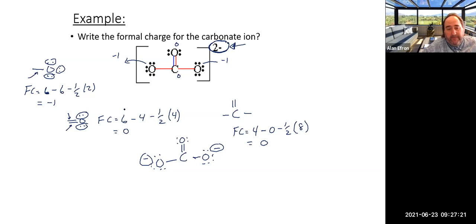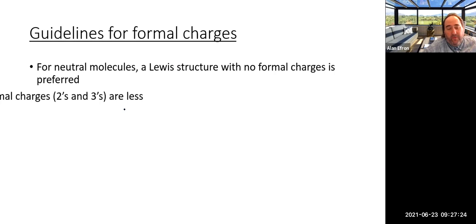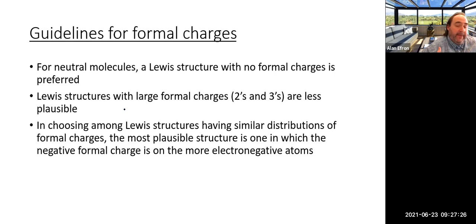Formal charges could help us make a determination of what Lewis structure may be more likely to be good or a better structure than one that's probably not going to happen. It's not the best structure between the 2. So ultimately, when we draw a Lewis structure and we calculate these formal charges, the best situation that you could have is one where pretty much nobody has a formal charge, like everybody's at 0. So that's like the ideal situation.